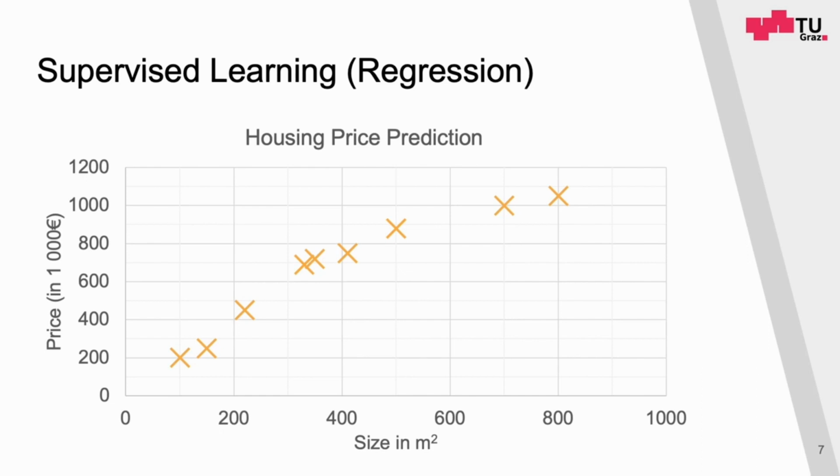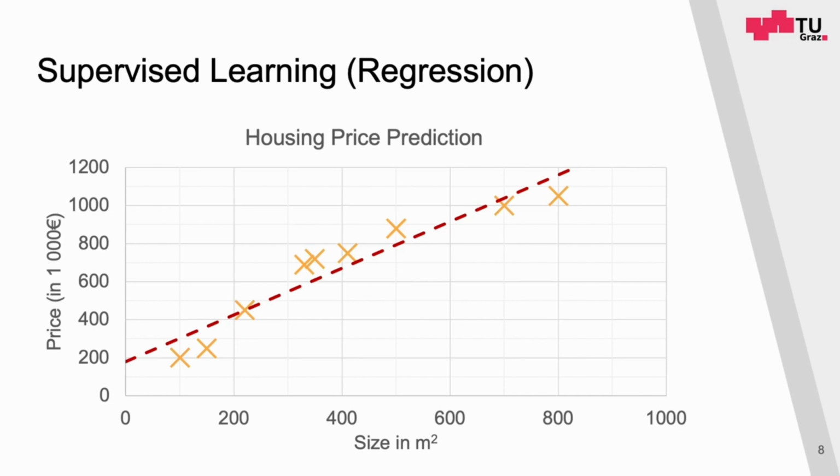And what a regression does is it tries to lay down a line, so a straight line through the data, and the goal of the regression is to minimize the error between the line and the data, so to minimize the distance between the actual data and the line which was fitted.